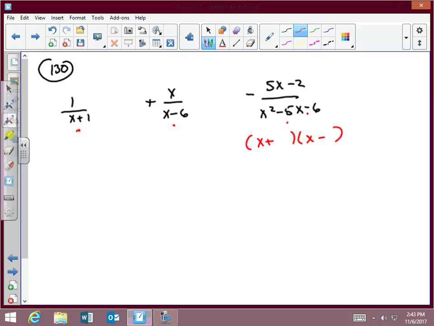Two numbers whose product is 6 and whose difference is 5. Okay, 1 and 6, isn't it? And which one has to be negative? The 6 has got to be negative, and the 1 has got to be positive. That's prime factored. Now, do you see the least common denominator?